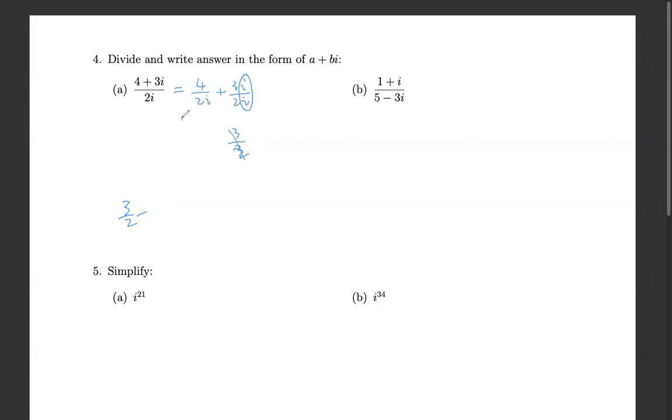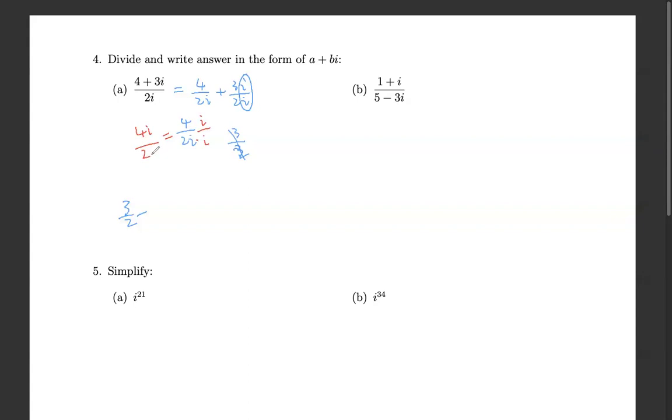Then we have 4 divided by 2i. So how do we deal with that one? We don't want to let i stay in the denominator. So we multiply i over i, which is 1. We can always multiply by 1. Then we get 4i in the numerator.